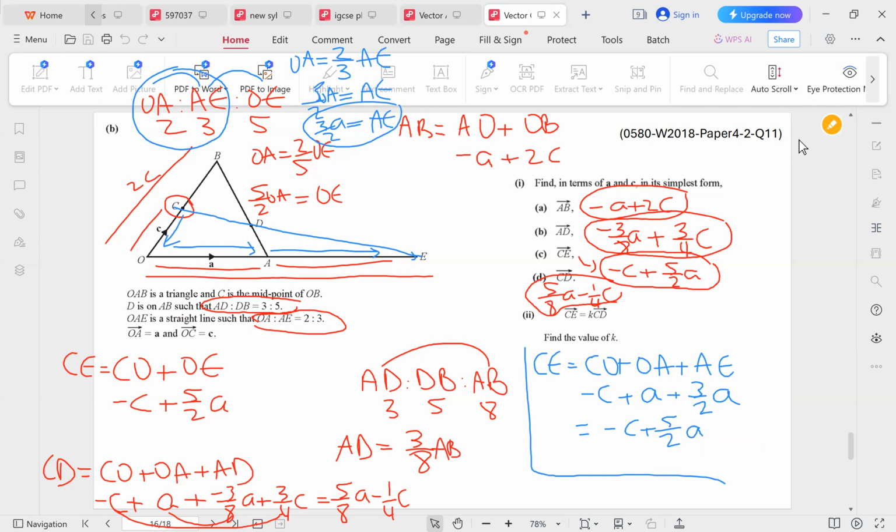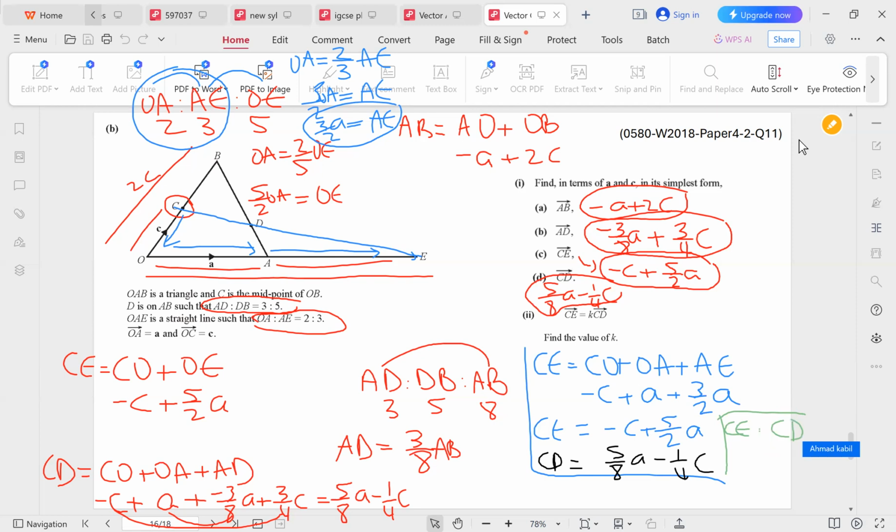Now we already have CD. CD is given in question D as 5 over 8A minus 1 over 4C. So you can either compare the numbers on A or the numbers on C. You will get the same ratio anyway. So we just write a ratio here, CE to CD.